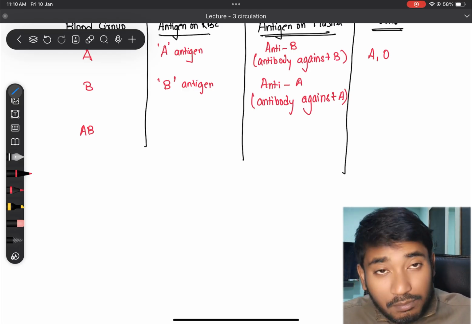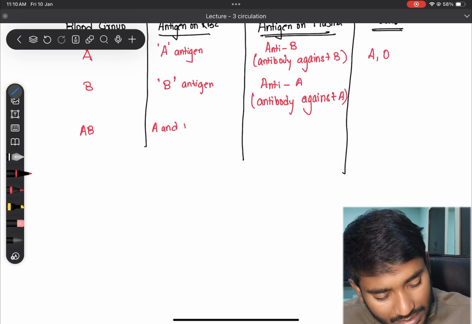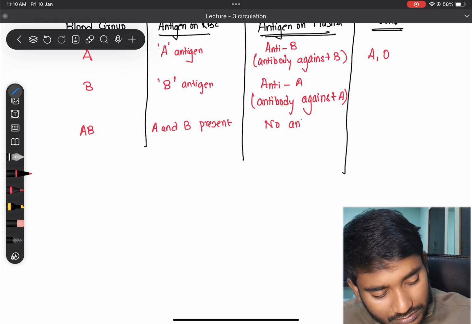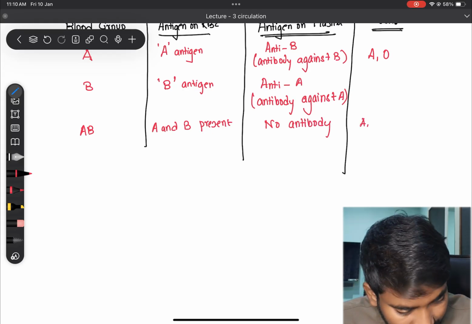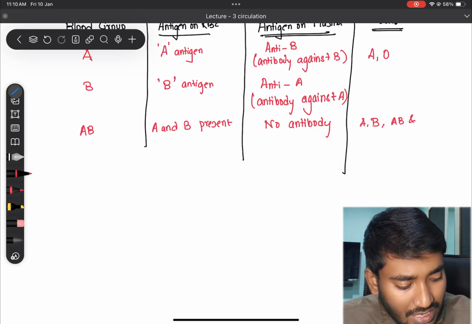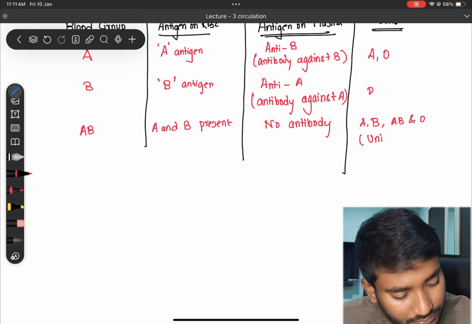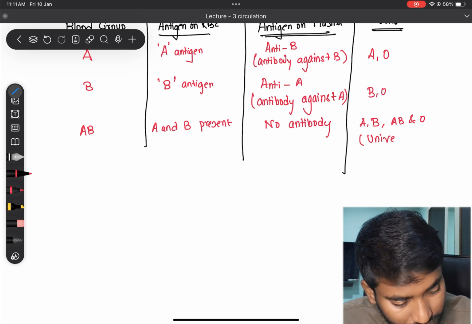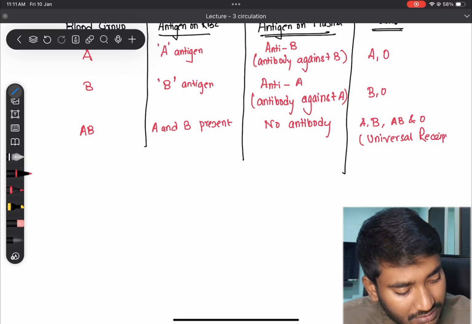AB has both antigens, A and B present. It contains no antibody. So blood to AB can be given by AB and O. It is called the universal recipient.